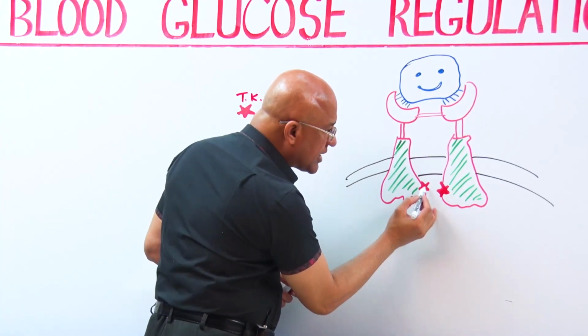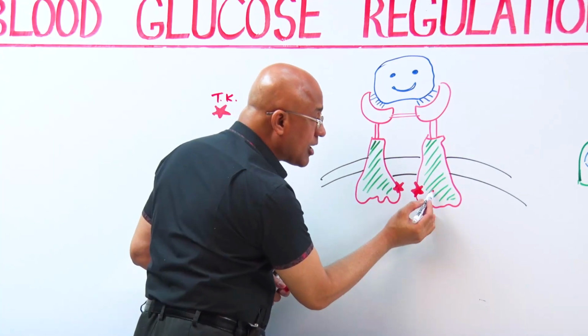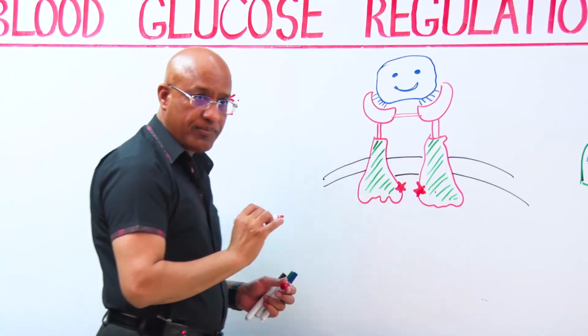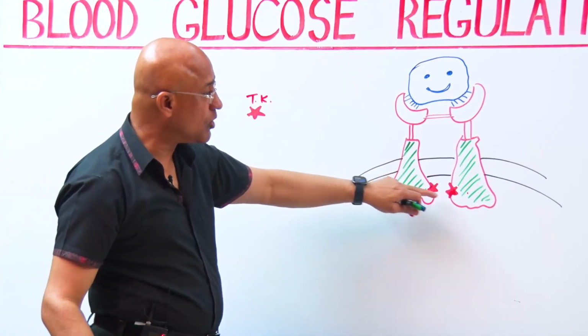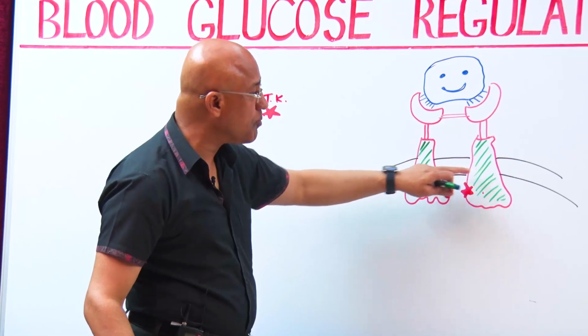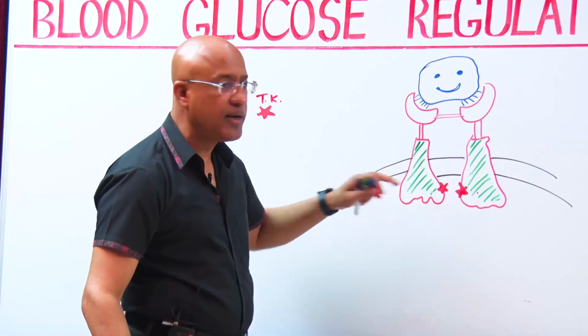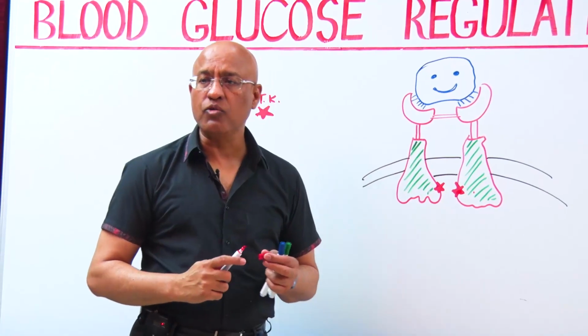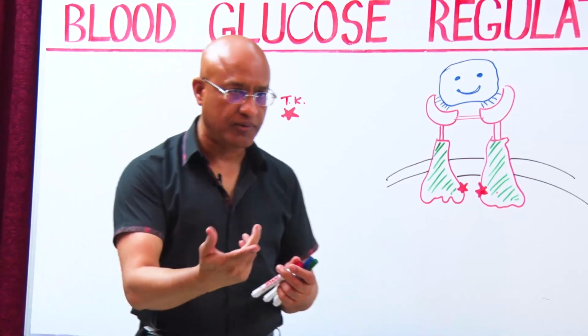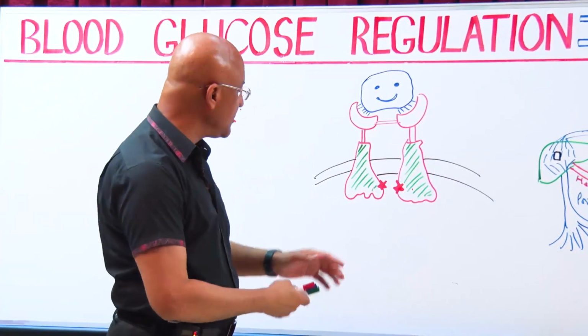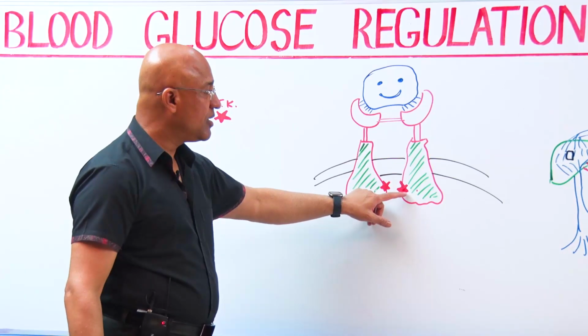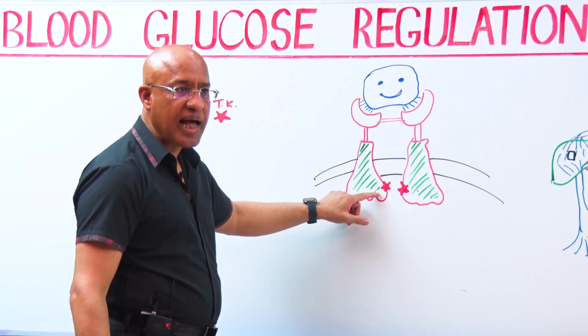Because these tyrosine kinases are an integral component of the beta unit, we say that the beta unit has intrinsic tyrosine kinase activity.